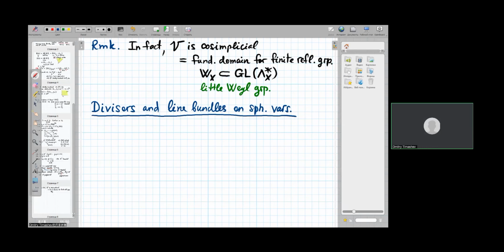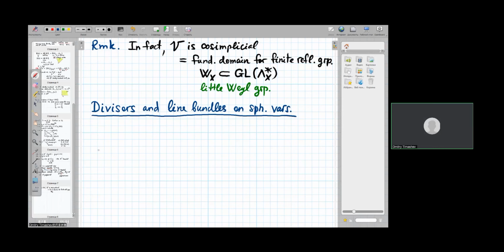Actually, it is not hard to develop all these things from what we already know about spherical varieties. But because of the lack of time, I have to be selective. So I only consider the G-module structure of the space of sections of a line bundle over a spherical variety.